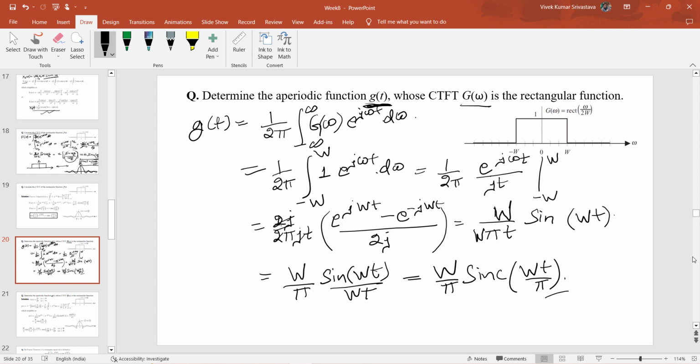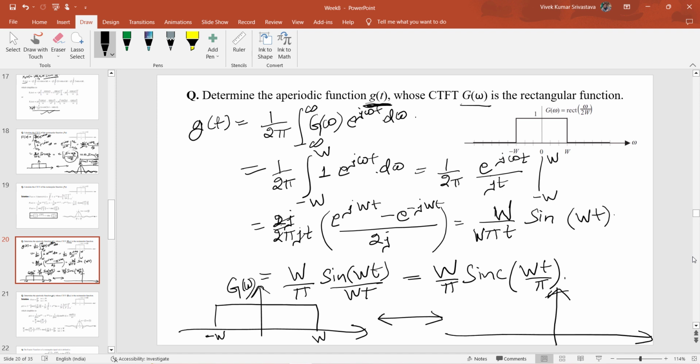So from this problem we can say that if the frequency domain function, that is g of omega, is a rectangular function whose width runs from minus w to w, then the corresponding time domain function will be a sinc function.